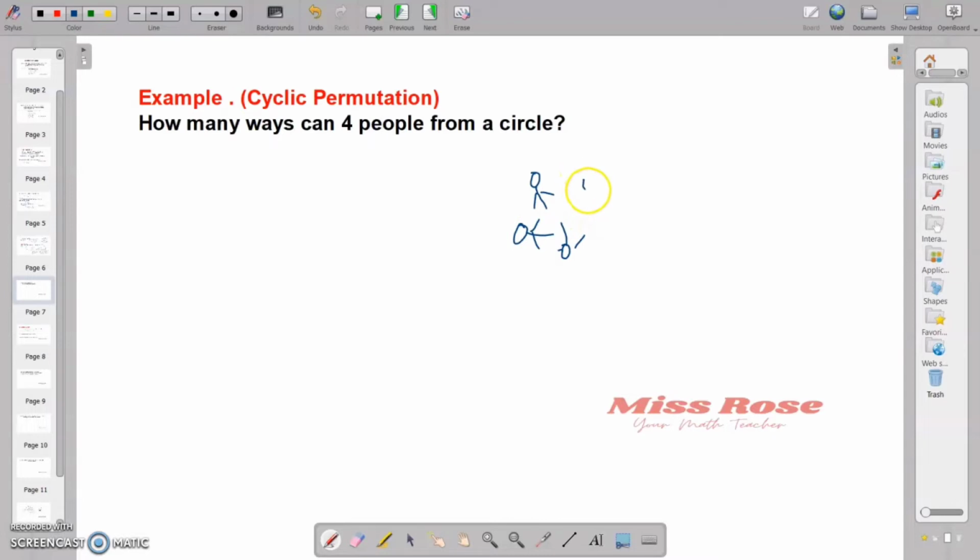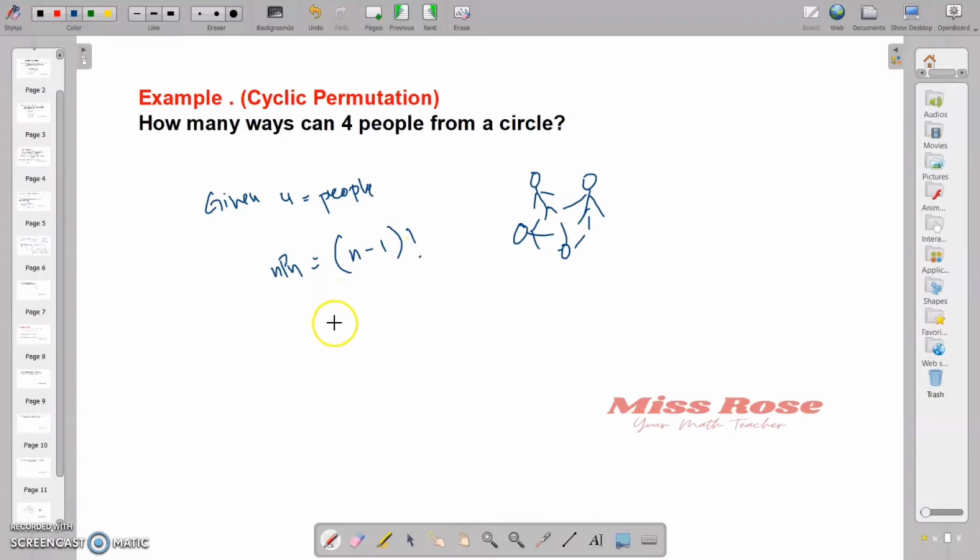Given 4 people in a cycle, the formula for cycle or ring permutation is nPn equals n minus 1 factorial.